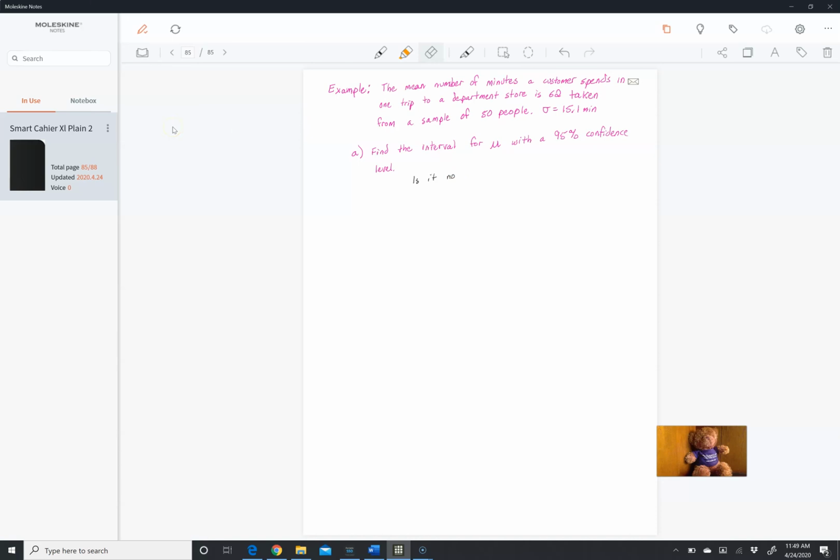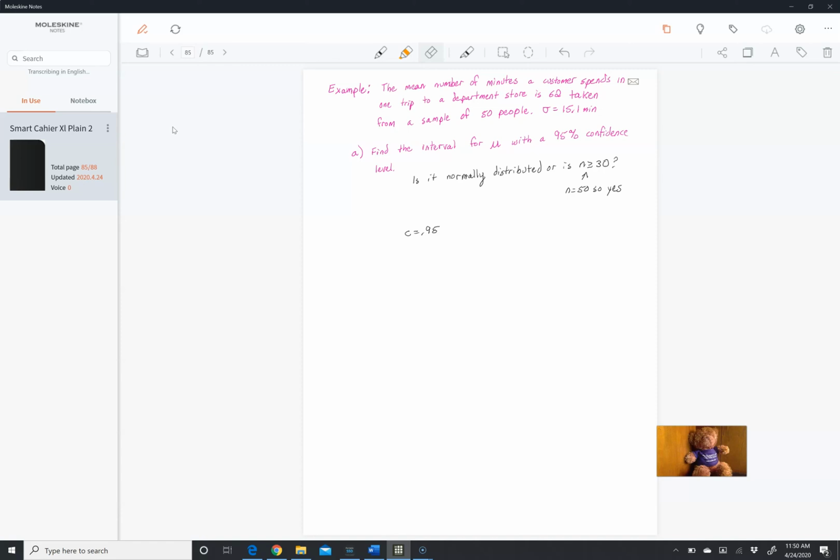In this case, it doesn't say normally distributed, so we have to look at the sample size, and n is equal to 50. So we could go on. In this case, C is equal to 0.95.